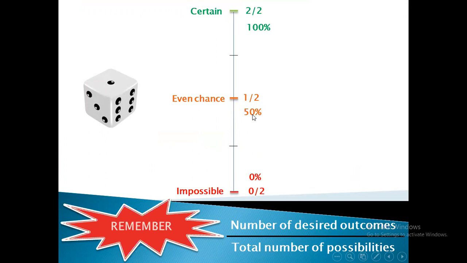Okay, and we agreed that the half is not just only 1 over 2, it can be 2 over 4, it can be 3 over 6, it can be 6 over 12. All of these are just halves, all right? So what if it is less than a half? If it's less than a half, then it's unlikely to happen.